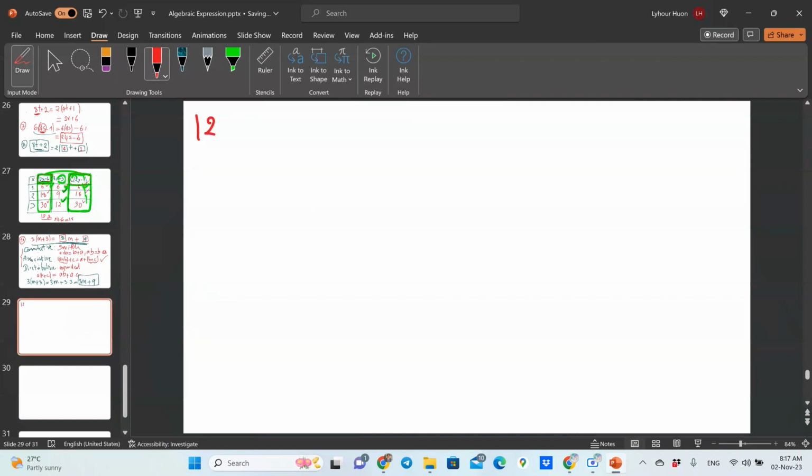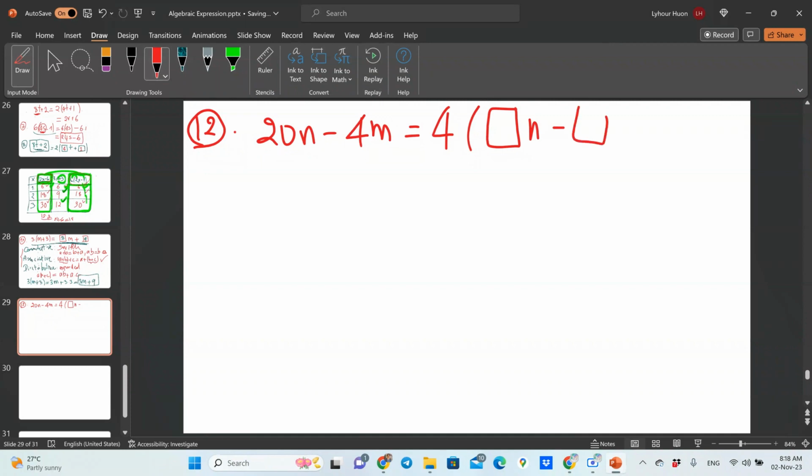Let's go to 12. We have 20n minus 4m, and we want a result of 4 times a blank number of n's minus a blank number of m's.